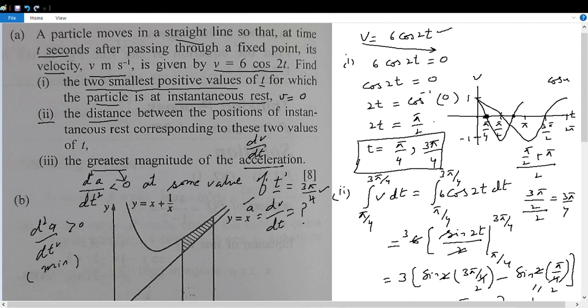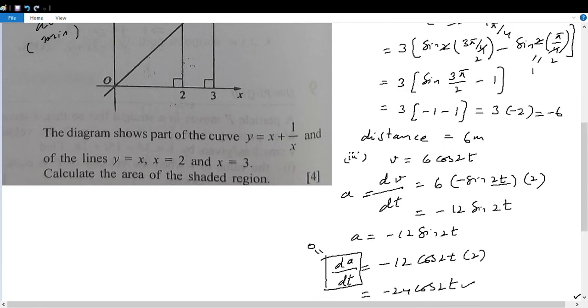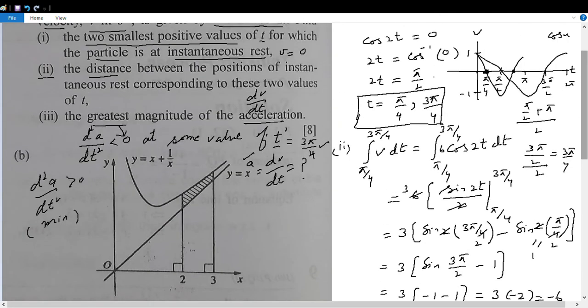So the value of a, as we have found, a is equal to minus 12 sine 2t. So this we are going to apply. The value of t is 3 pi over 4, so a is minus 12 sine 2 into 3 pi over 4, cancel it, and this will be equal to minus 12 times minus 1, which equals 12, because sine 3 pi over 2 is minus 1.